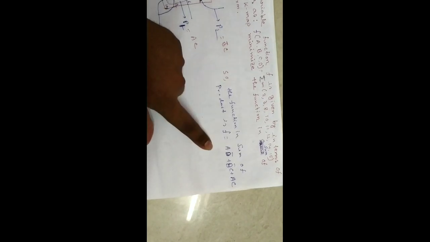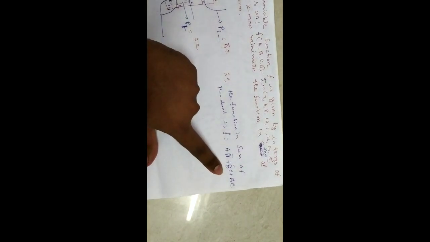So the function in sum of product is F equals A D bar plus B bar C plus AC. This is the minimized function in sum of product form, and this problem is very important for the MSc entrance examination. Here they give 4 options, which one is correct.